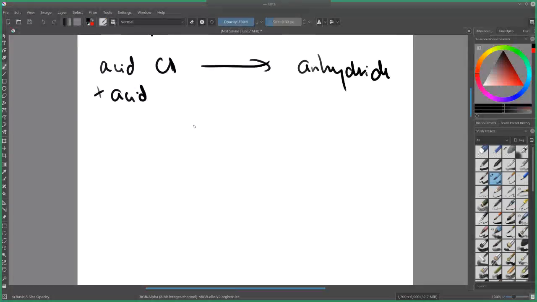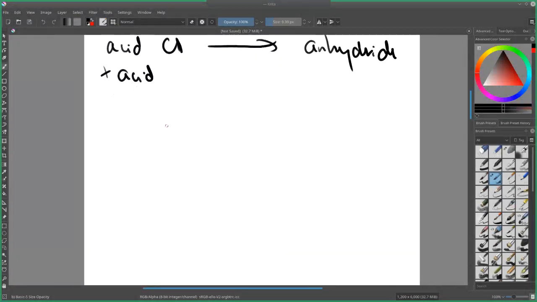I was looking through the book and the mechanism for this one is kind of interesting, so I guess it's worth talking about for a moment. If you have your acid here, and then I'll draw the other acid in a kind of weird way like this.